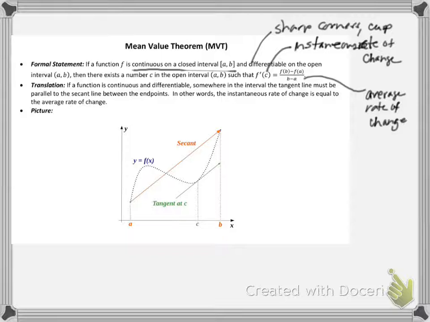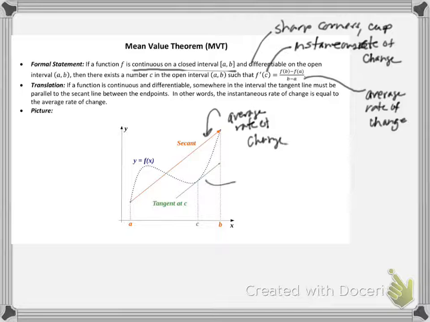If a function is continuous and differentiable, somewhere in the interval, the tangent line, which is the same thing as the instantaneous rate of change, must be parallel to the secant line. The secant line is the average rate of change. So again, the secant line is the average rate of change.